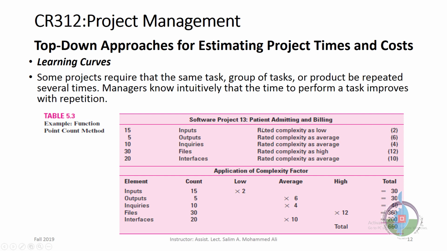Registering patients in a hospital and then billing them. There are several inputs, outputs, inquiries, files, interfaces, and we have factors based on this table for their complexity. After that, you can carry out the total cost of this project by just multiplying the factors and then summing it all up.